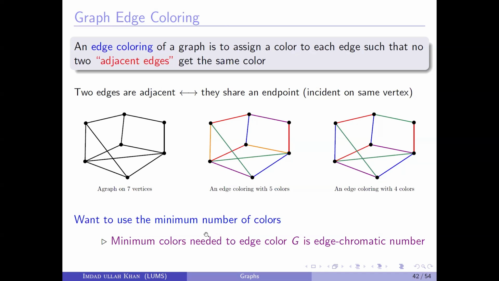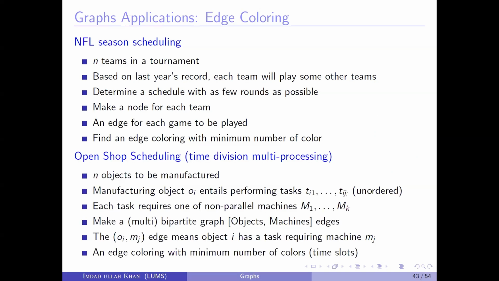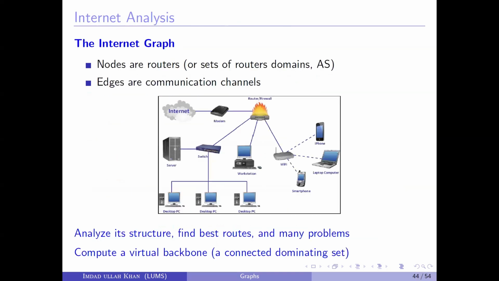We are interested in finding the minimum number of colors, which we call the edge coloring number of the graph. Again, it has different applications like scheduling tournaments, and in multitasking or multiprocessing.